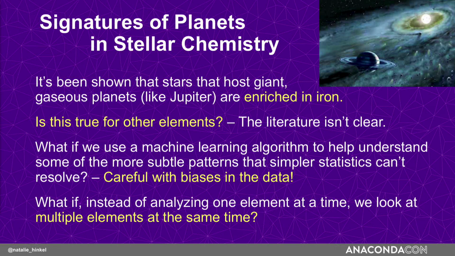It's sort of a known fact at this point, though from my perspective, this is going to be new information for you, that stars that host giant planets, Jupiter-sized planets, big planets, are preferentially enriched in iron. This makes sense. You need a lot of stuff in order to make other big stuff, so you should have more iron. Okay, that's great. So multiple data sets, everybody agrees on this. This is so true that if you don't get this, then you're definitely doing something wrong.